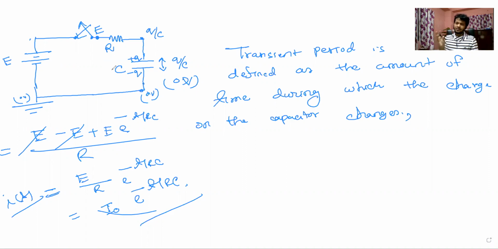Yes, sir. And because the capacitor acts as an open circuit under steady state condition, the capacitor offers resistance to the circuit, isn't it? We know that an open circuit has an infinite amount of resistance, right? So under steady state condition, the capacitor offers an infinite amount of resistance to the circuit.